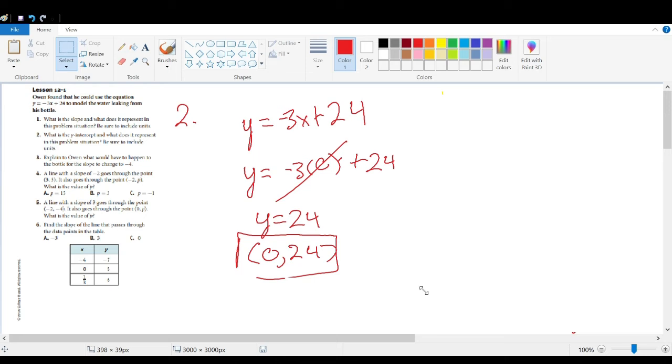So if x is equal to 0, that must mean it's the water level at the immediate second when the hole was made. No water had the chance to come out yet, but this is when our equation starts. So that's the answer. I'll write this in blue.